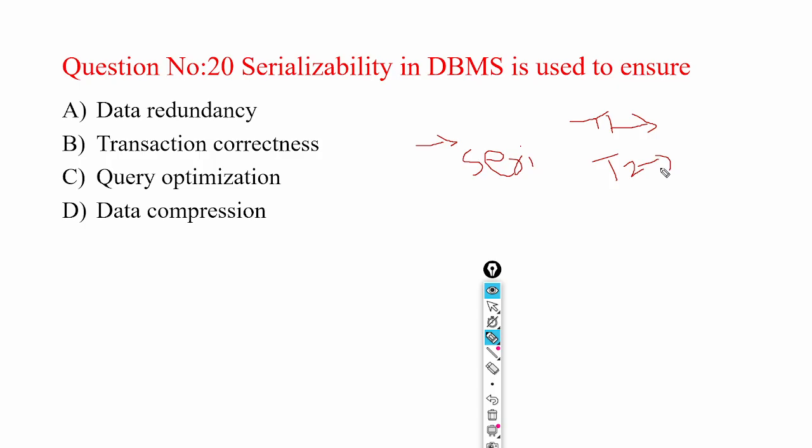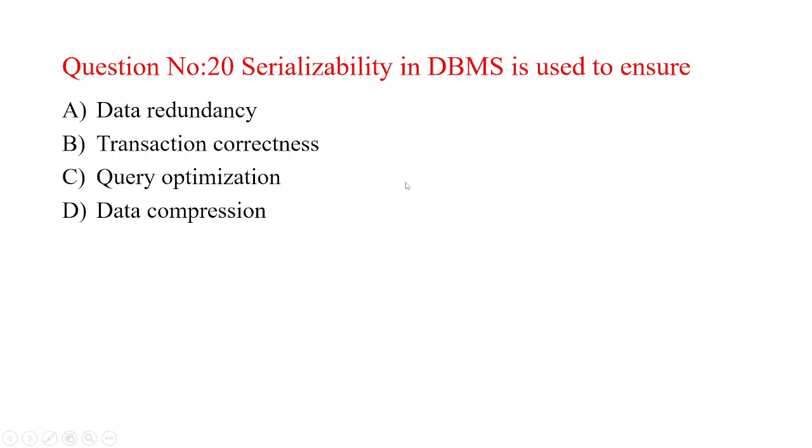This will give the correct output because transactions do not interfere with each other. So DBMS allows concurrent execution for better performance through which concept? Through serializability. These are 20 important questions of DBMS.